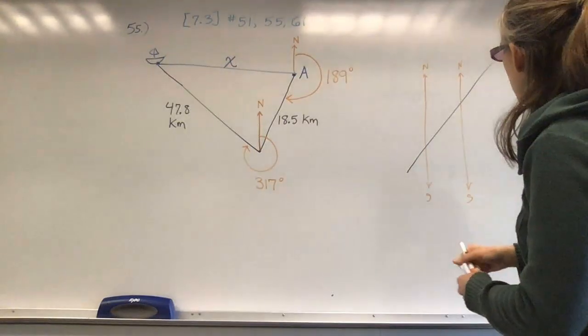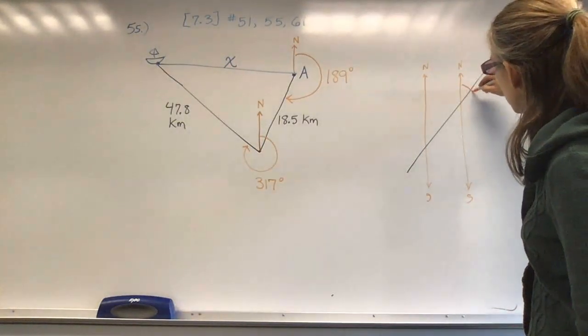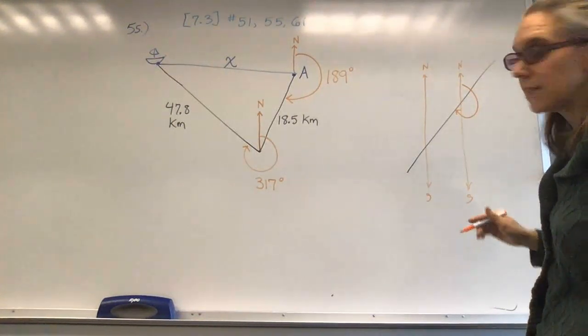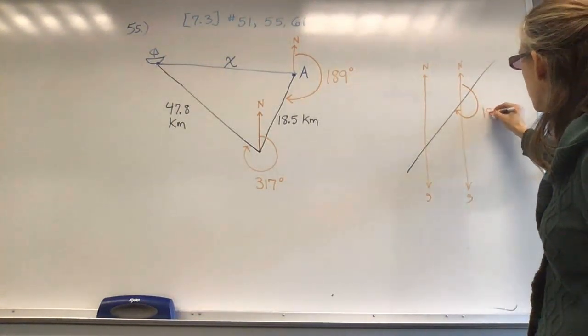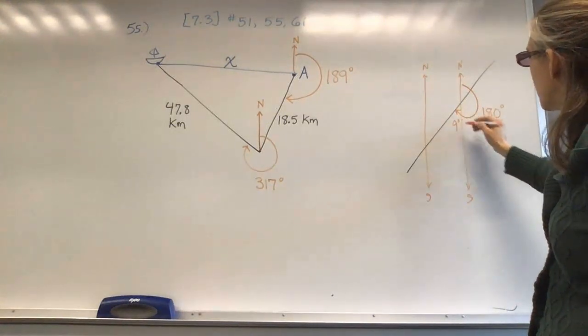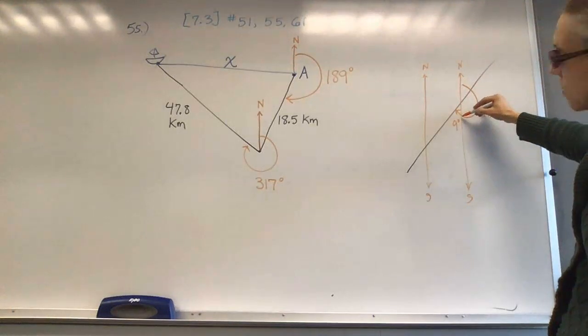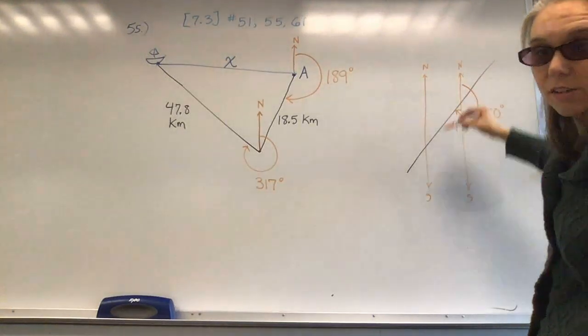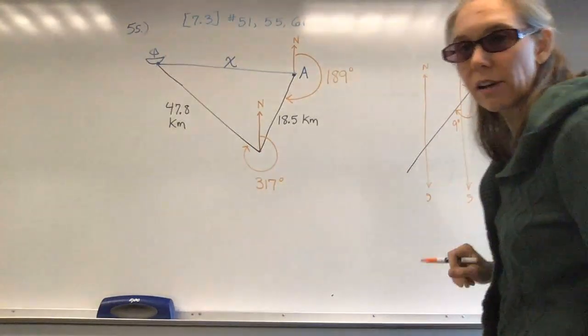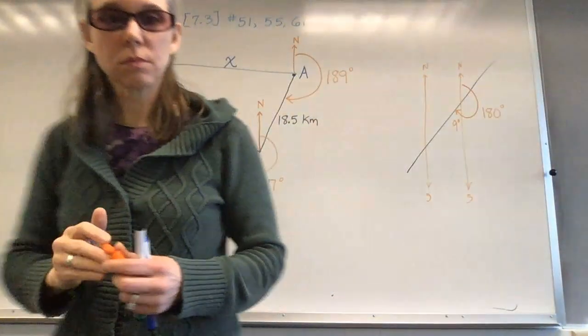So 189 degrees is right here. That's 189 degrees. 189 degrees is made up of 180 and 9. 180 represents from north to south, and then the 9 degrees is that little gap then. I've not drawn this to scale to make it easier to label.